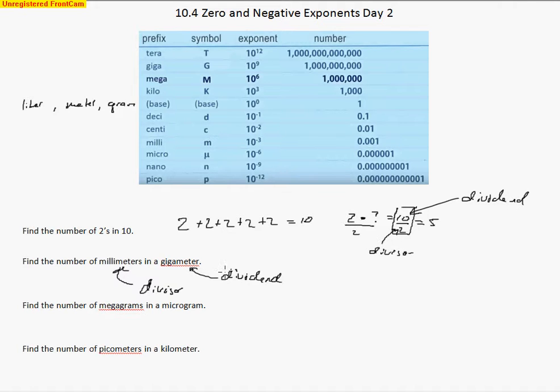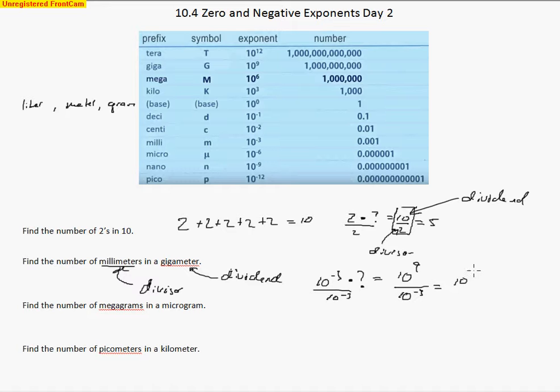Another way to think about this is 10 to the negative third, which is a millimeter right here. We're thinking of what number we multiply it by to equal a gigameter, which is 10 to the 9th. So what I'm doing is dividing. That's why the millimeter is our divisor. When I do that division, I use the exponent rule.